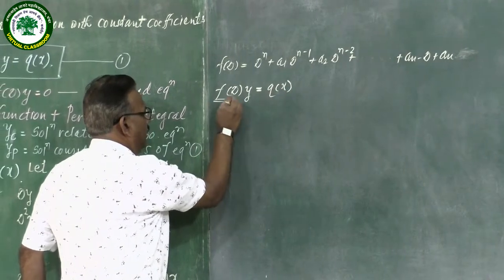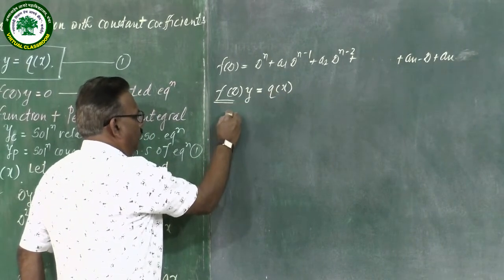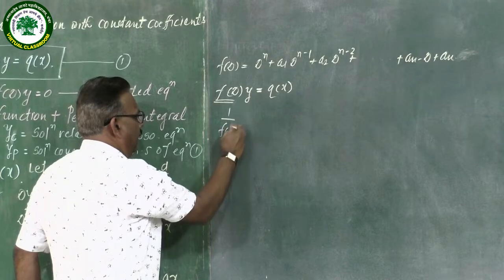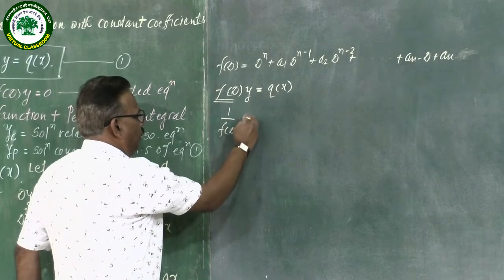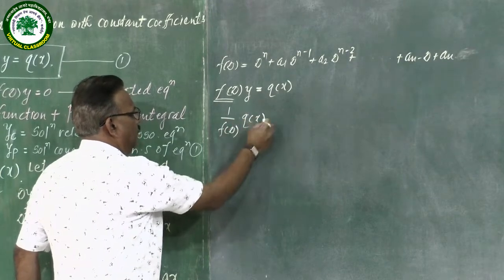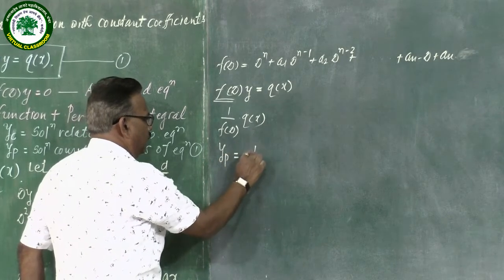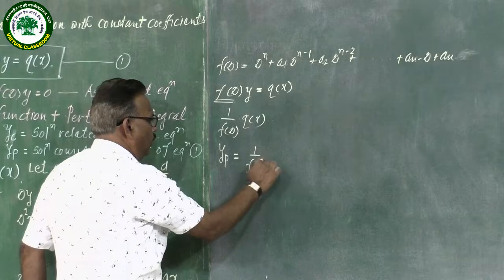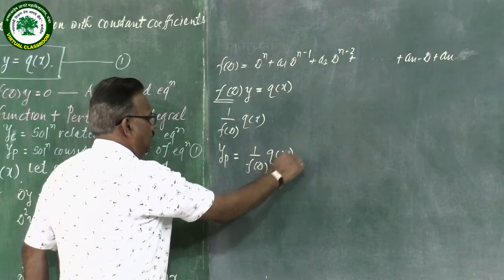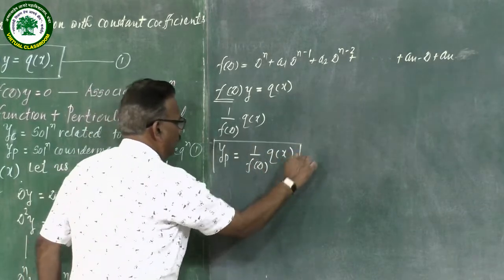Here f(D) is taken as an inverse operator, 1 over f(D) into Q(x). That means y_p, the particular integral, is 1 over f(D) into Q(x). This is your particular integral.